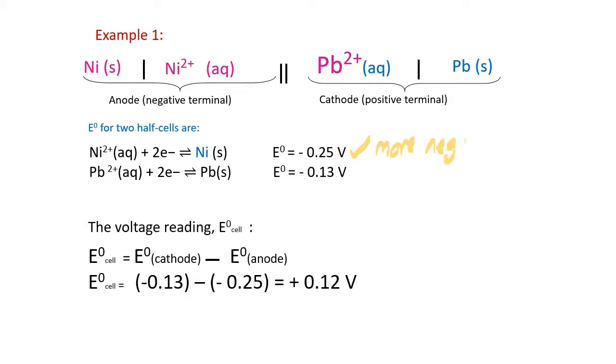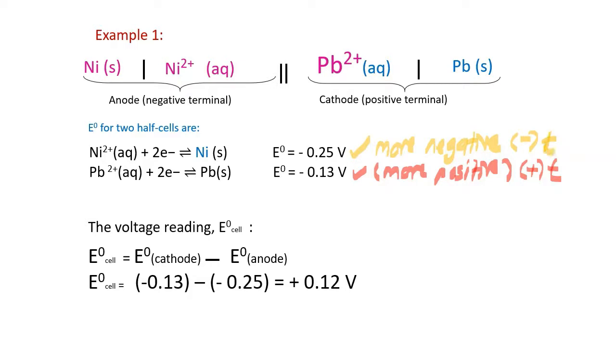That's why nickel becomes the negative terminal, while the E naught value of lead is more positive. Even though the value is still negative, it is nearer to zero, so we call it more positive compared to nickel. Because it is more positive, it will become the positive terminal.